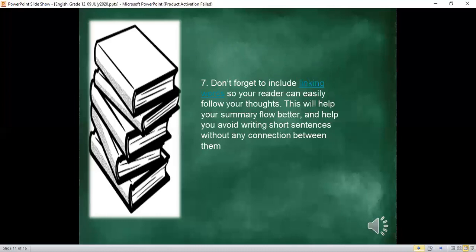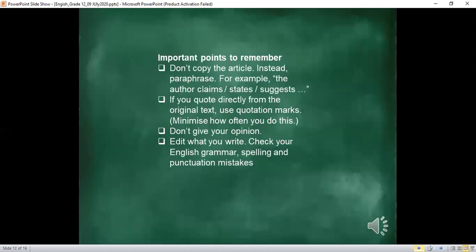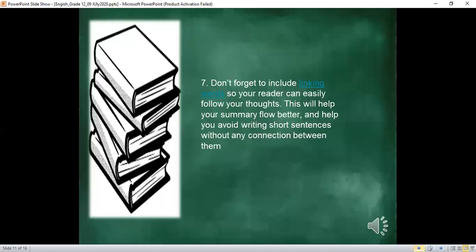So to make this one coherent body of writing, what do you need? You need these linking words to create that concord, or to create that agreement, that link between the sentences. You might use your although, your however, your nevertheless, your thus, your hence. You can use all these linking words to ensure that you're having a coherent and a smooth flowing summary.